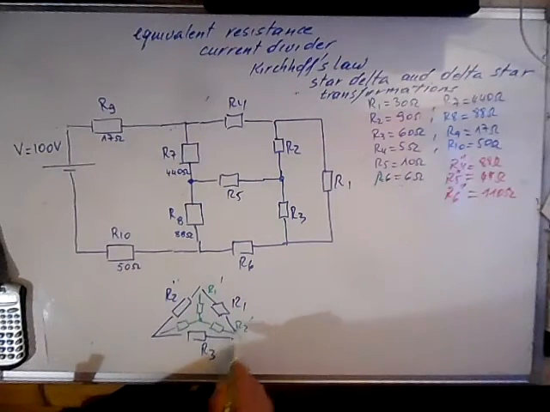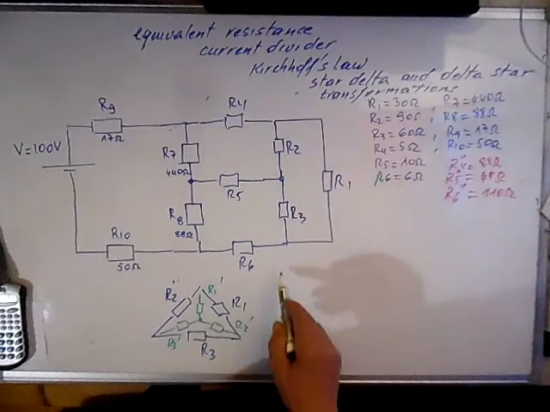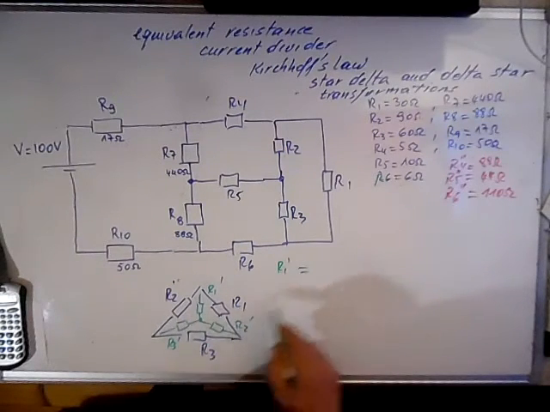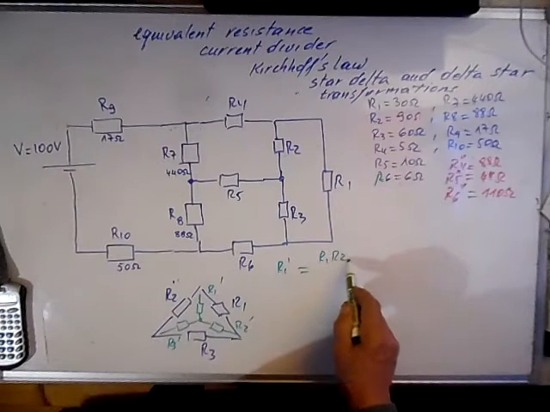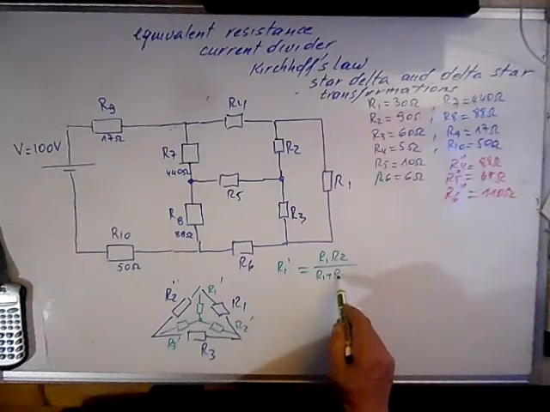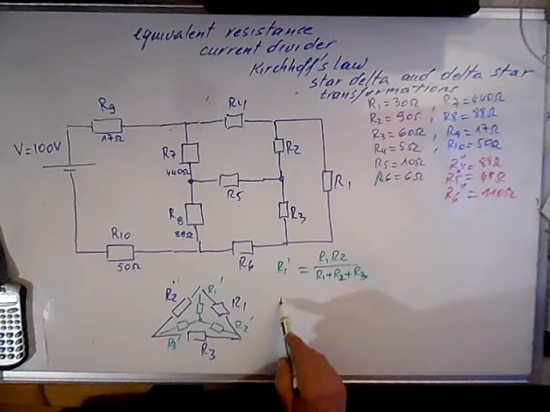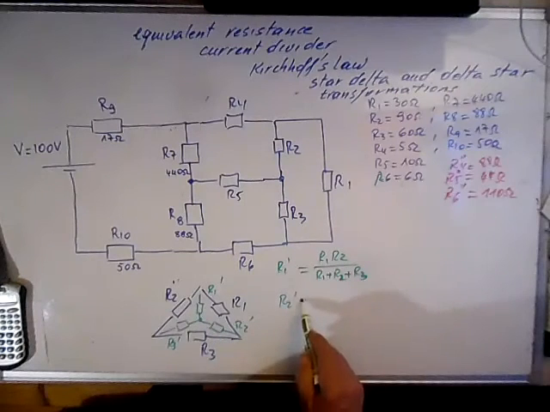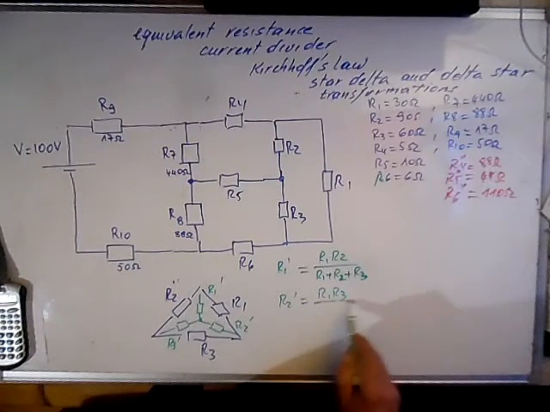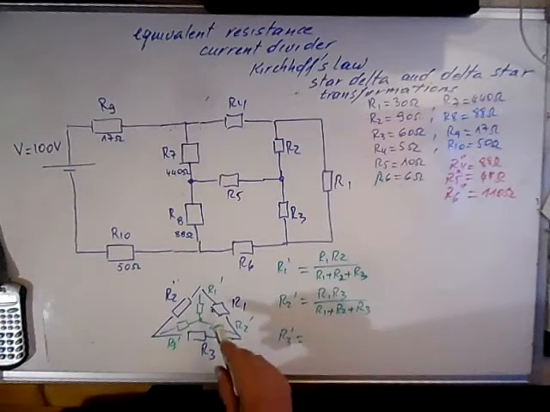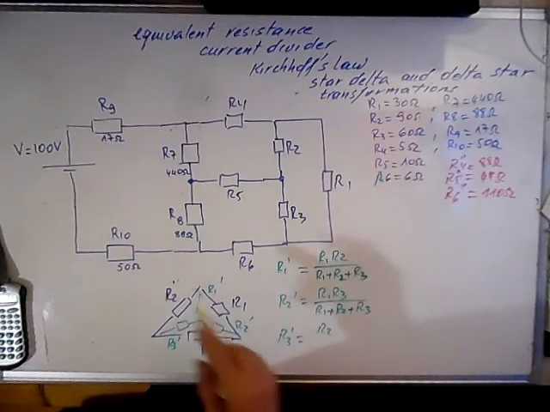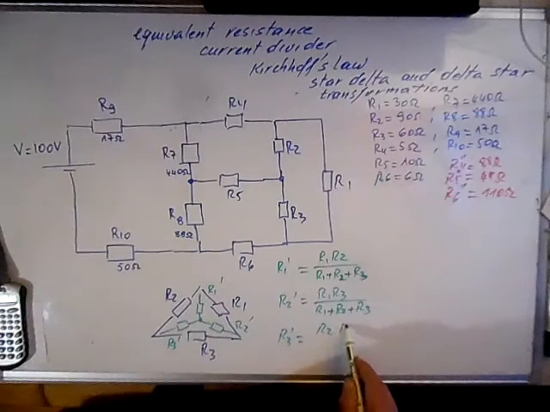R1 prime is equal to R1 times R2 over the sum of the three resistors. R2 prime, which is here, is R1 R3 over the sum of the three resistances. R3 prime is equal to R2 times R3 over the sum of the three.